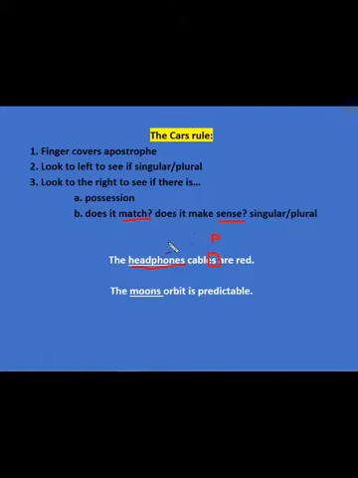We saw that earlier with the monkey's eyes. Eyes are plural and one monkey has multiple eyes. So if this is plural in this particular case, we know that over here has to match and be plural as well. So we take our apostrophe and put it where it would make this plural. Headphones, apostrophe S. Plural matches with plural.